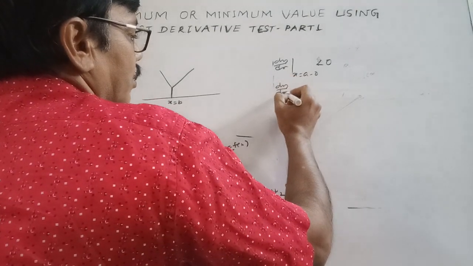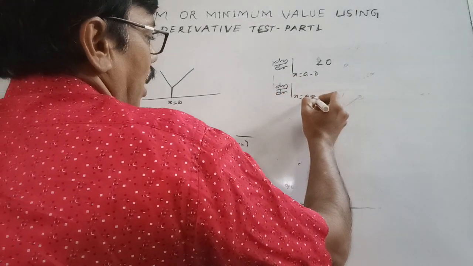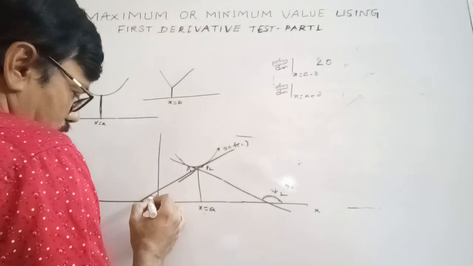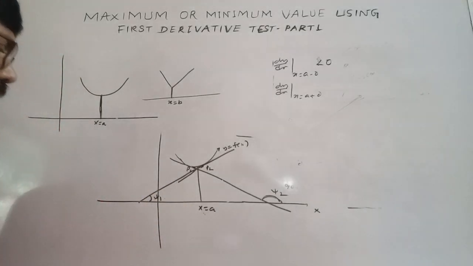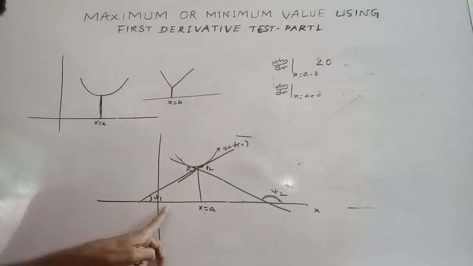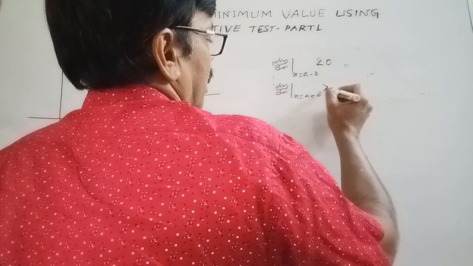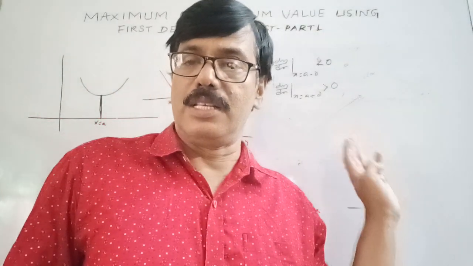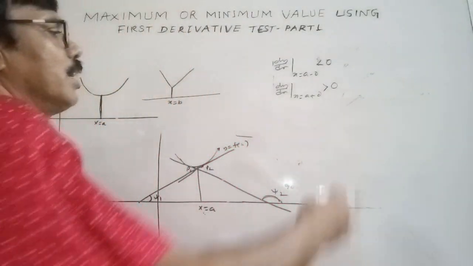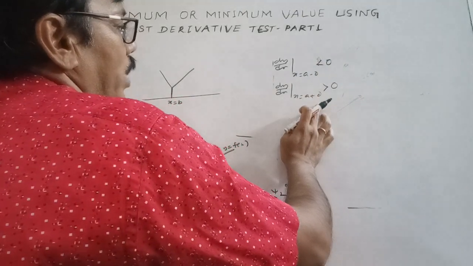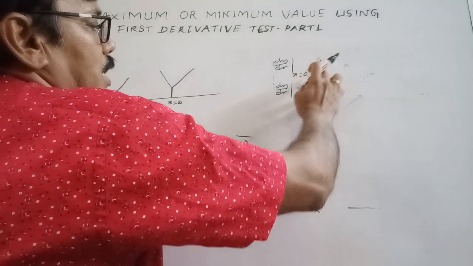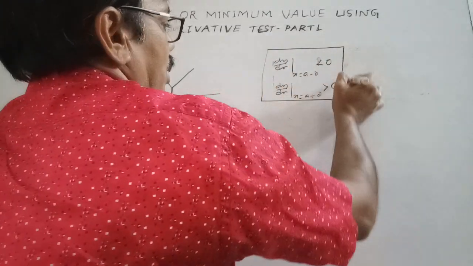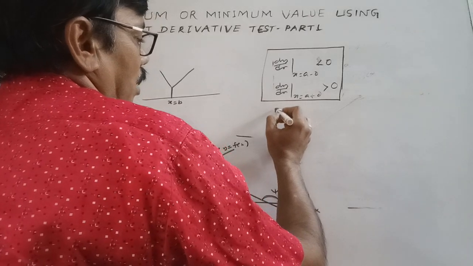And dy by dx at x equals a plus, at this point P2, psi 1 is the angle made by the tangent and this is acute, so dy by dx is greater than 0. So dy by dx changes its sign from negative to positive at a minus and a plus. And this is the condition for minimum.